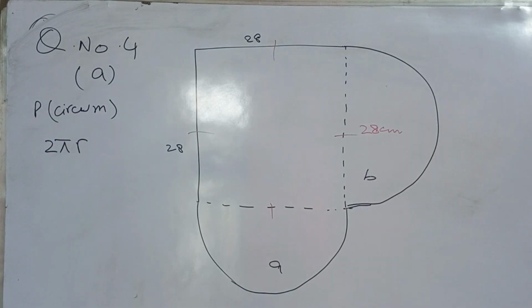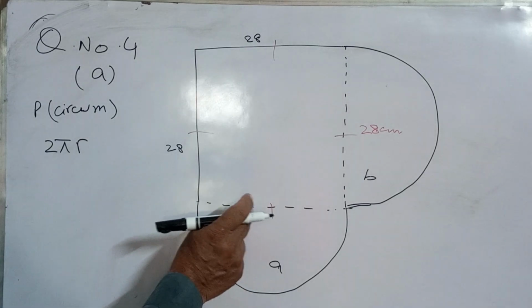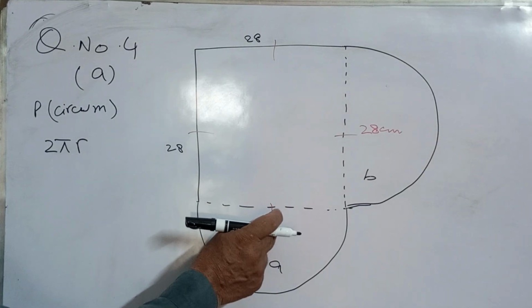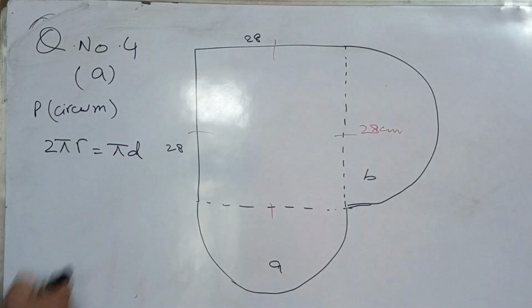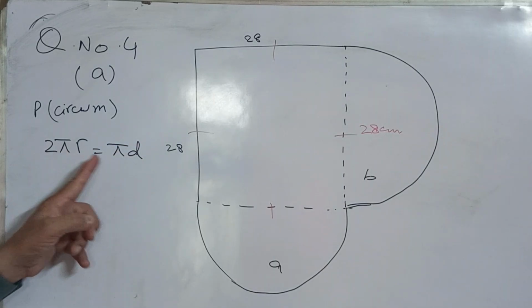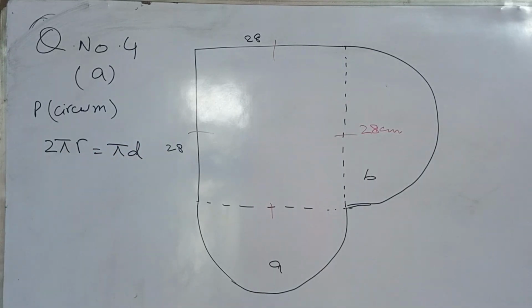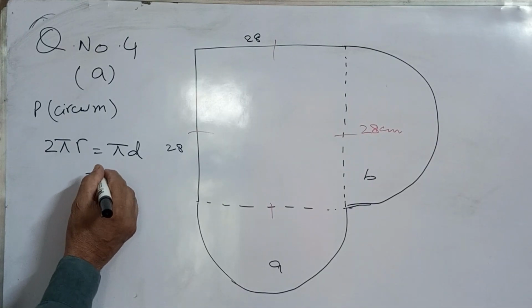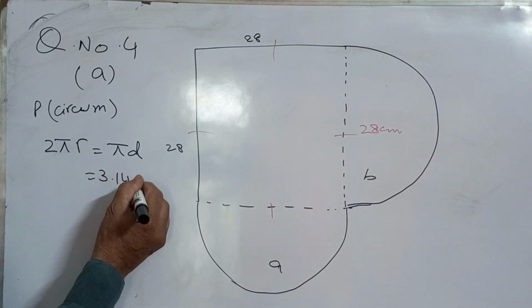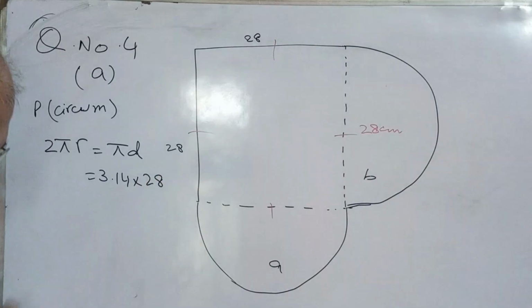Perimeter, circumference of the two half circles will be 2 pi r only. Now the radius or the diameter, it can also be written as pi d, because 2r is equal to d. So let us continue with 3.14 multiplied by 28.